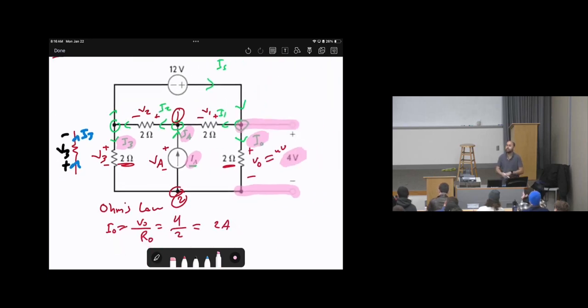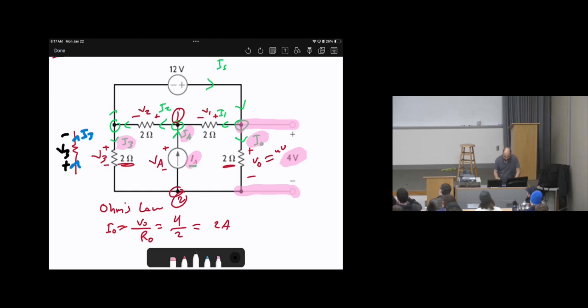Or the elements around I3, either I3 or V3. Can we apply KVL to this loop? I don't think so. V3, V2, VA are unknowns. Can I do KVL for these two, like this, or this? V3 is unknown, I2 is known, VA is unknown, V1 is unknown, so it's not a good idea.